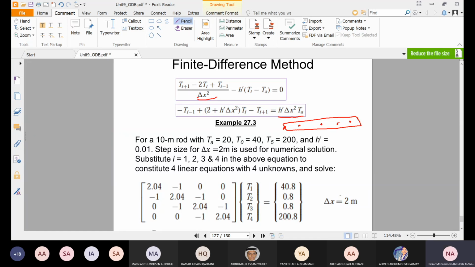Okay, so we have 0, 2 meters, 4 meters, because we increase by 2 meters, the step size. So the first point from the boundary is 2 meters, and then 2 meters between the points, so this is 4 meters, 6 meters, 8 meters, and this is 10 meters.